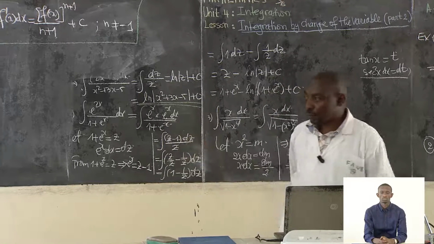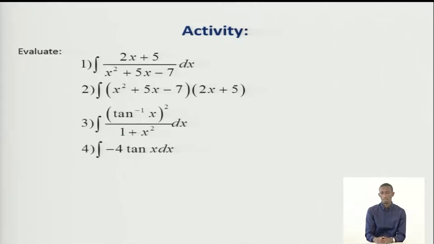You have that activity. We have 4 integrals. Please choose 2 among those, then evaluate them. You just choose 2 where you can apply both formulas: the ratio of a function and its derivative, and the product of a function and its derivative. You choose 2. I give you 1 minute.